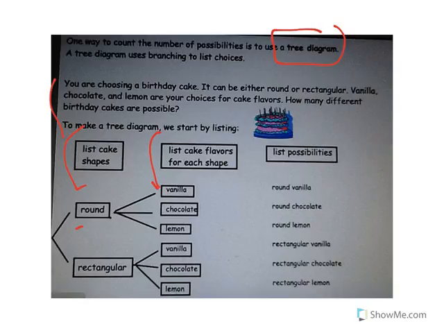So there's 2 here, and then for each of these here, there's 3 possibilities that branch out. So there are 1, 2, 3, 4, 5, and 6 possibilities. One easy way of thinking about this is that there's 2 possibilities for the shape and 3 possibilities for the flavors, so that's going to equal 6 total.